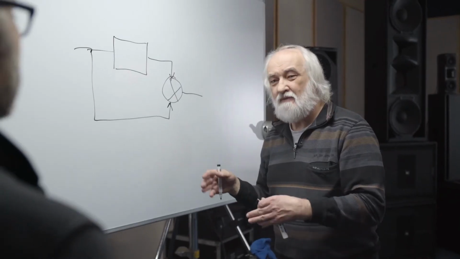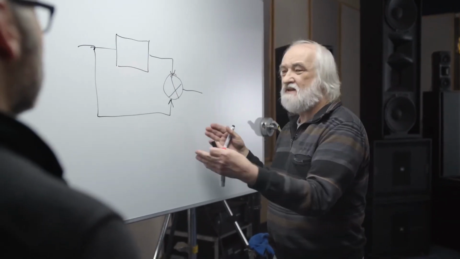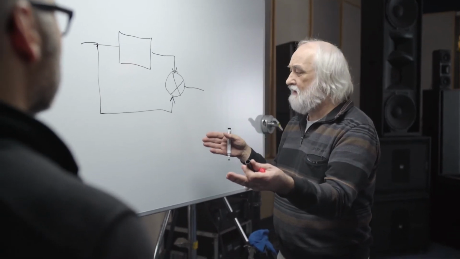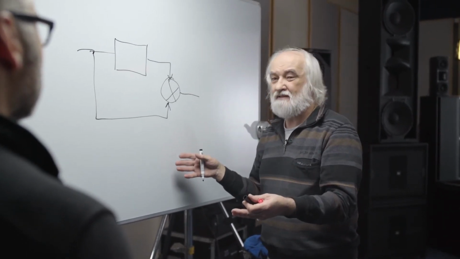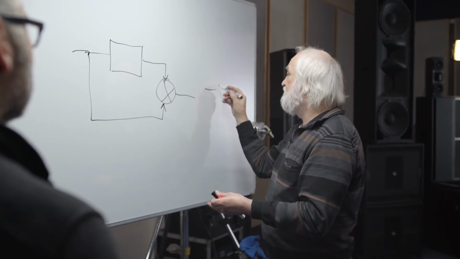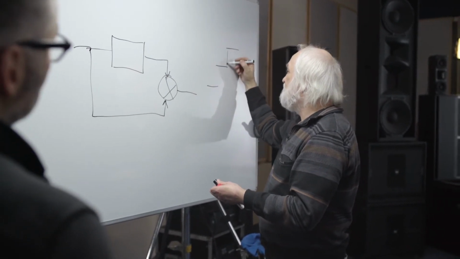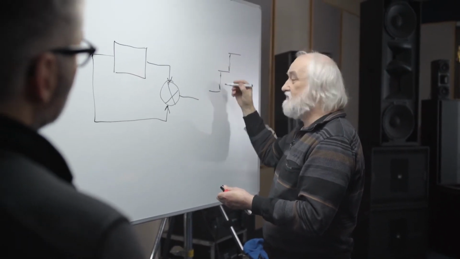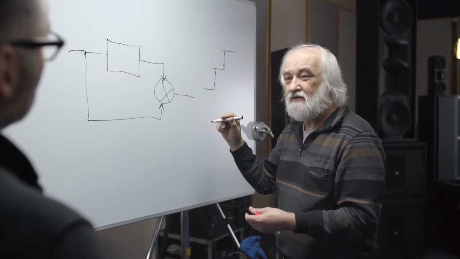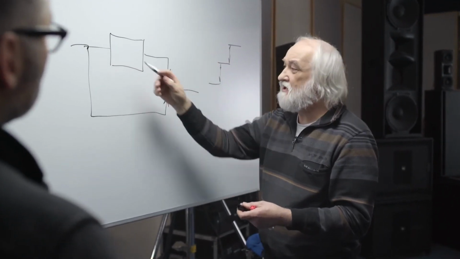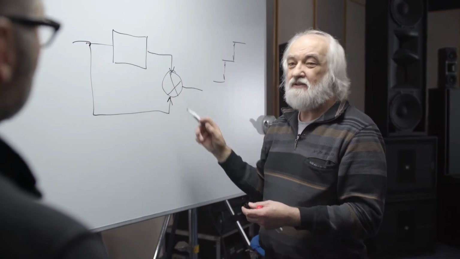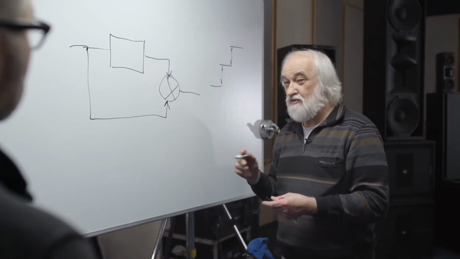Same problem we have in the digital part. There is a problem with the sampling rate, because whatever is between the samples is lost. It's very interesting if you measure a digital system this way: the distortion is huge.